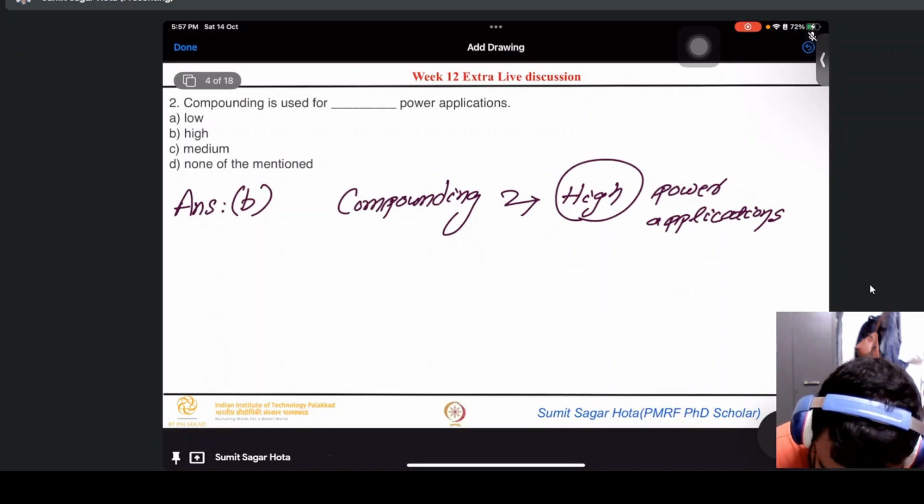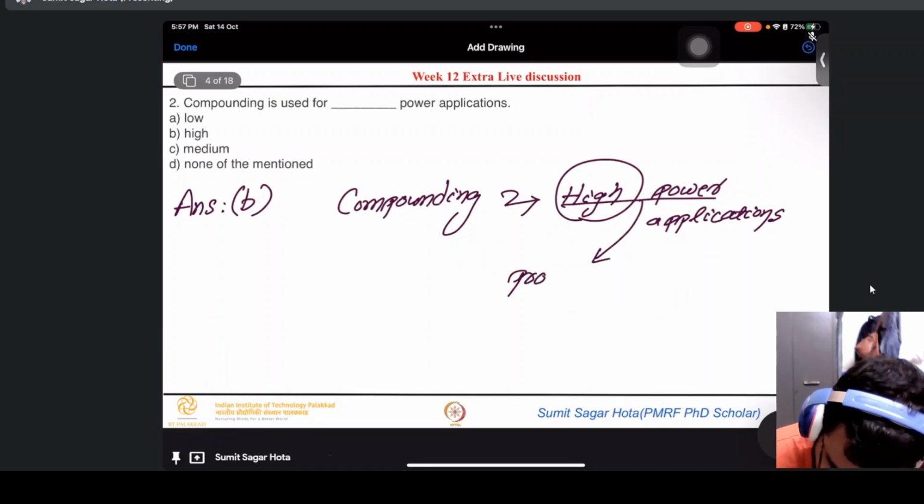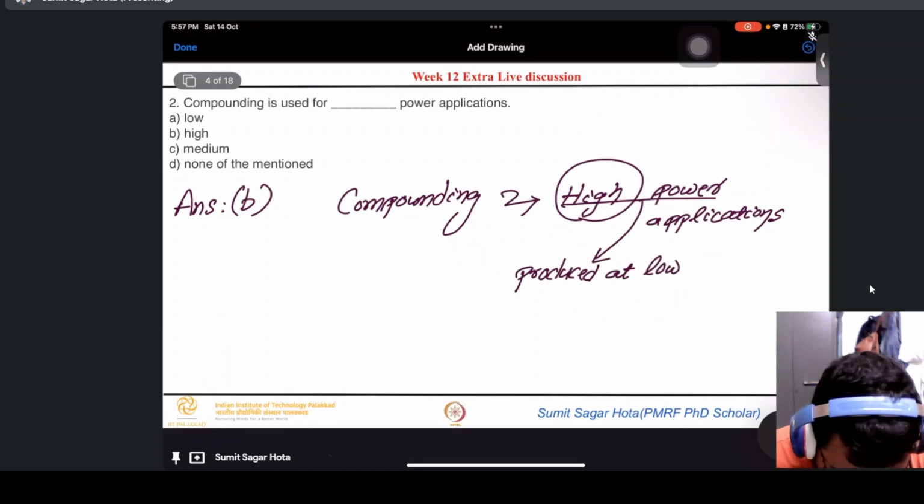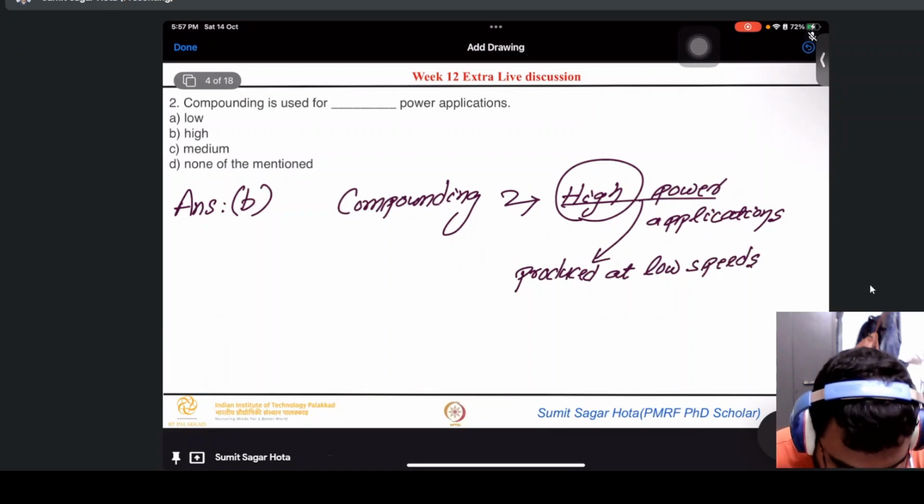So what does it mean? This high power, whatever the high power is there, is produced at low speeds. So a high power application is used for producing low speeds.